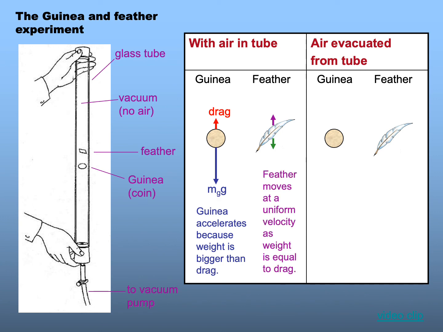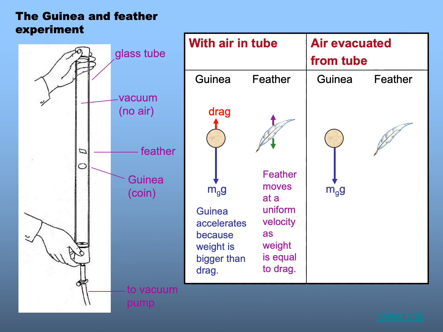And so when there's air in the tube, the feather moves at uniform velocity, just floats down gently, because its weight is balanced by the drag. The guinea, on the other hand, has quite a small drag force but a much bigger weight, so it accelerates downwards and wins the race to the bottom, so to speak. So that explains why the guinea hits the ground first.